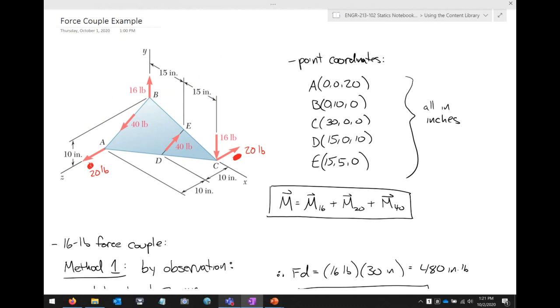What we have to do is pick a point about which we're summing moments. So we're talking about this vector and this vector. We either need to sum moments about that point or about that point.